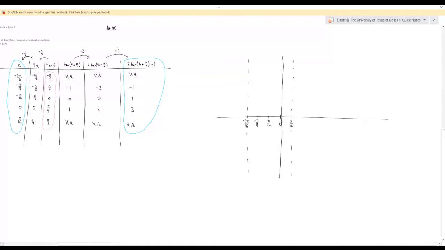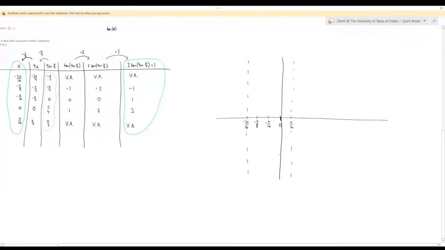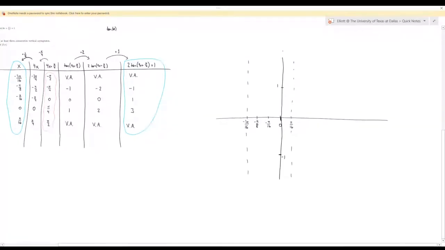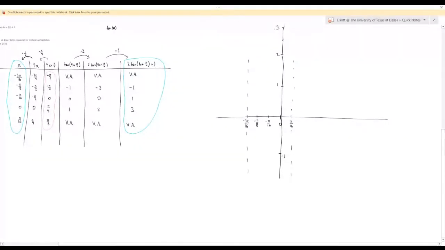And let's see here, at negative pi over 8, the function should be equal to -1. Let's maybe mark -1 somewhere down here or so. So we'd have +1 about out here or so, 2, 3.